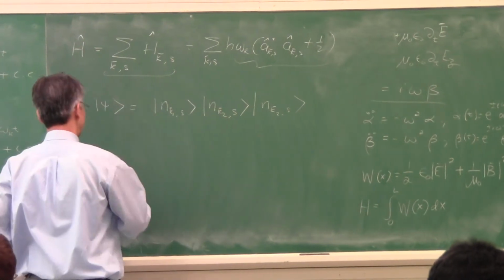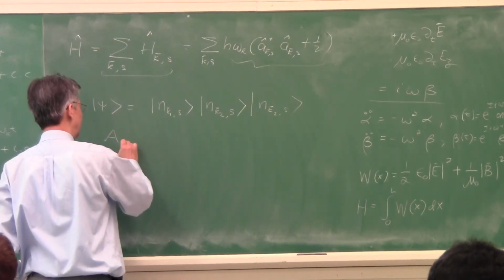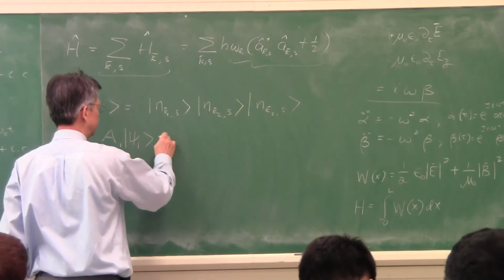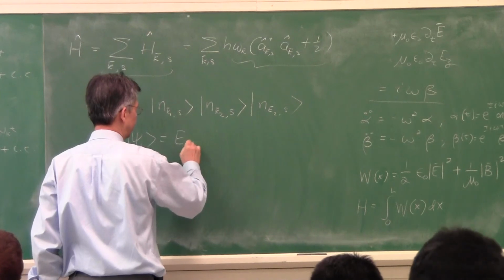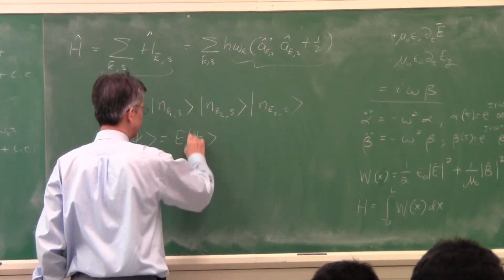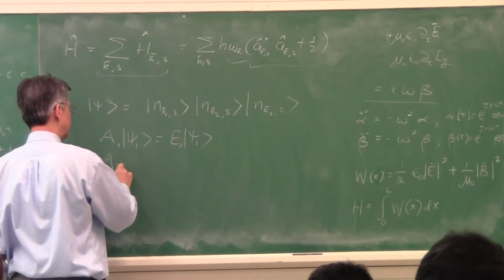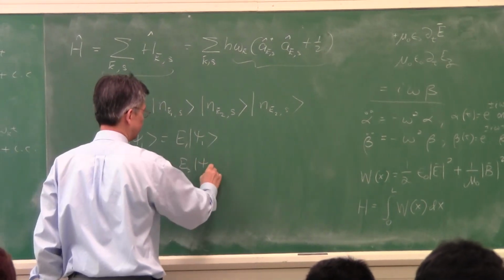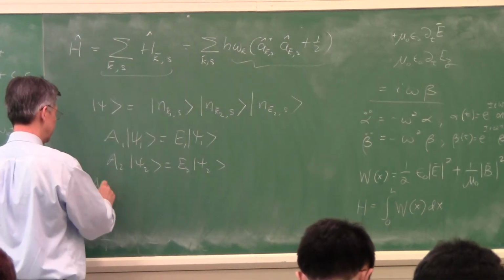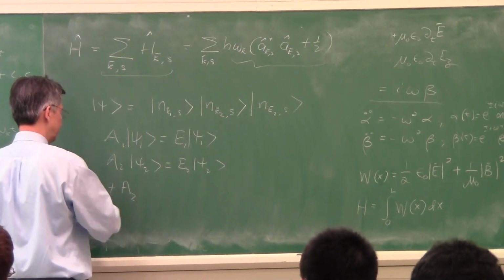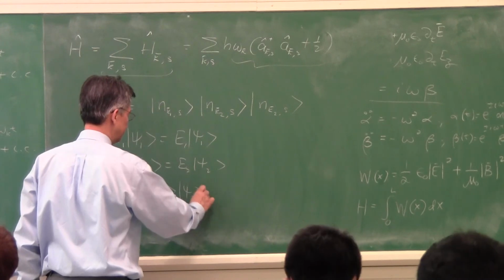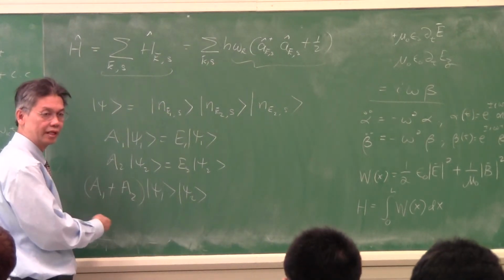Okay, just like if I have A1 psi 1 is equal to E1 psi 1, and then A2 psi 2 is equal to E2 psi 2. And these are two different operators, and if they form a system A1, A2, then I should use psi 1 and psi 2 to describe this system, the product state.